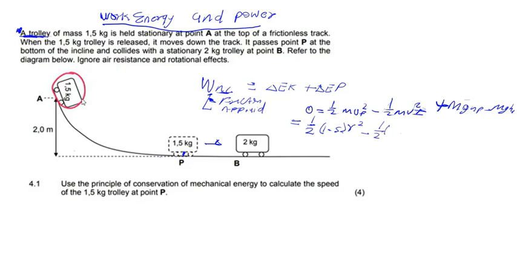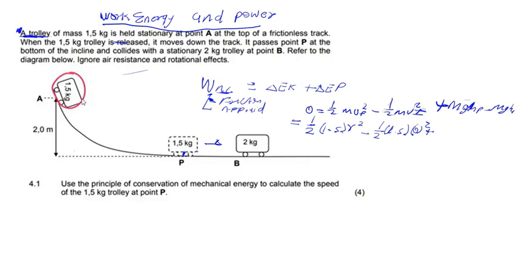So for the final speed, we're just going to say half times 1.5 times v squared, minus half times 1.5 times initial velocity squared. Since it was stationary there and it was released, it was given no initial velocity, so the initial velocity would be 0. Plus our mgh final.